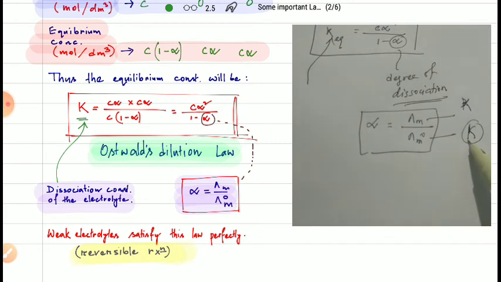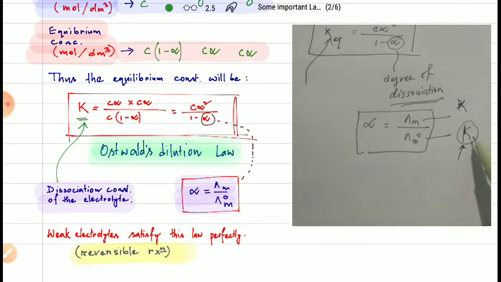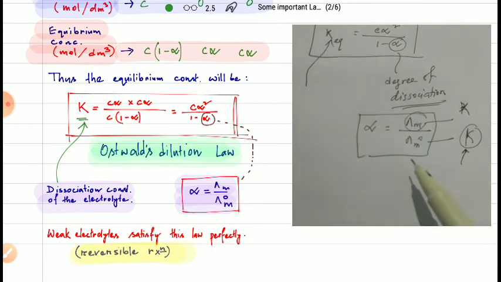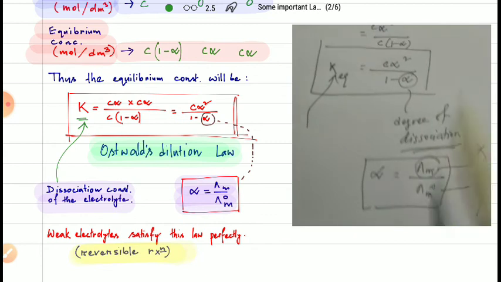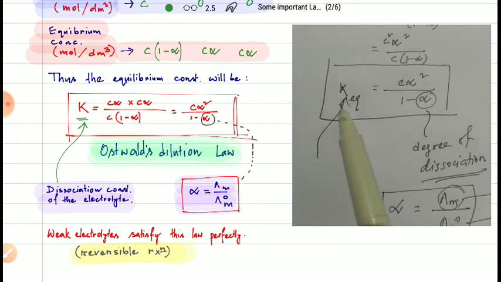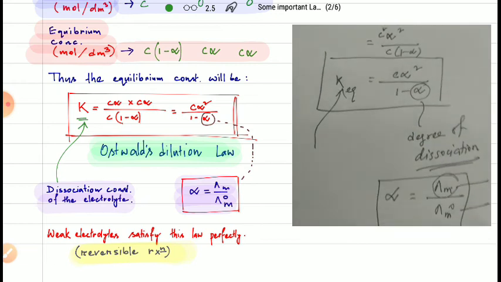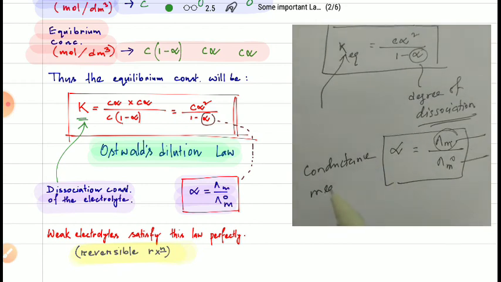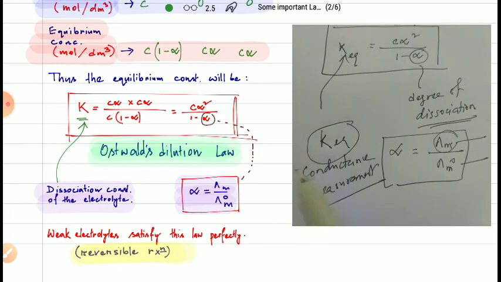From conductance measurement we can calculate the specific conductance, from that we can calculate the molar conductance, and from the molar conductance value we can get the alpha value. Once we have alpha, we can calculate K equilibrium, the dissociation constant of the electrolyte. So we can use conductance measurement to get our K equilibrium value.